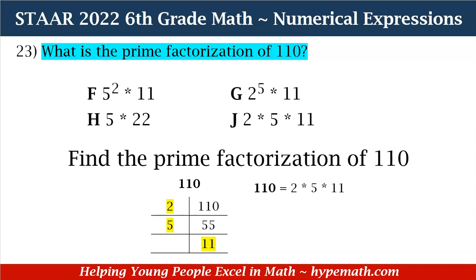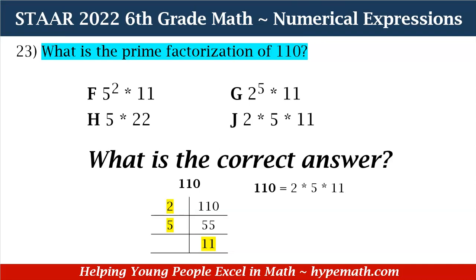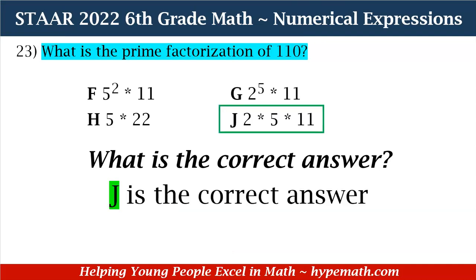My prime factorization is 2 times 5 times 11. So what is the correct answer? All I need to do is look at my answer choices to see which one shows the prime factorization of 2 times 5 times 11. And yes, it is J.